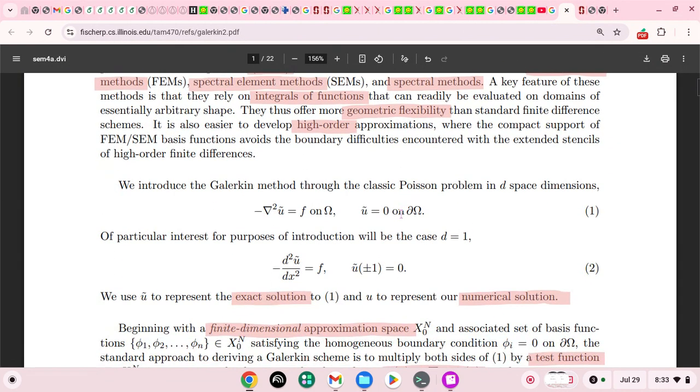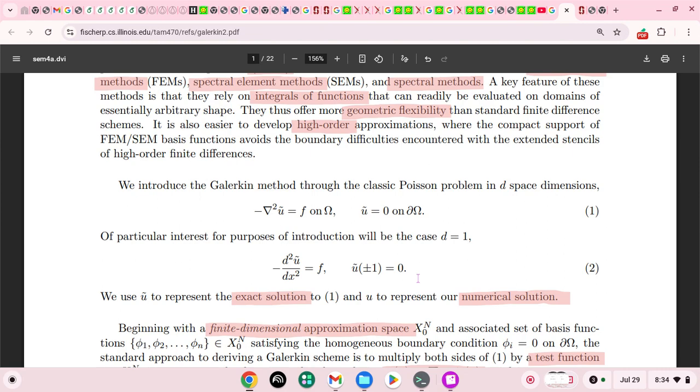So let us assume that we have a Poisson equation defined by equation 1 with homogeneous Dirichlet boundary conditions, and in a one dimensional case it ends up with equation 2 in a bounded domain with plus or minus 1.